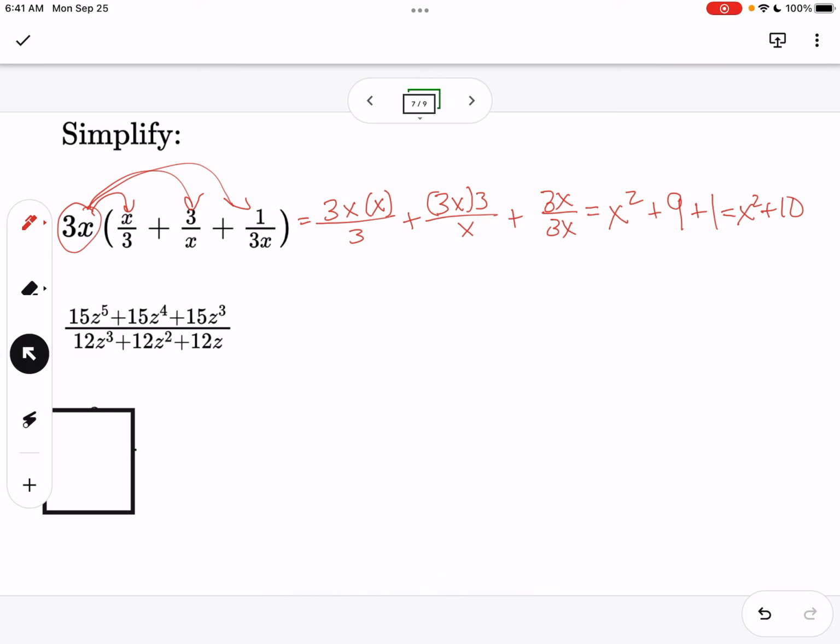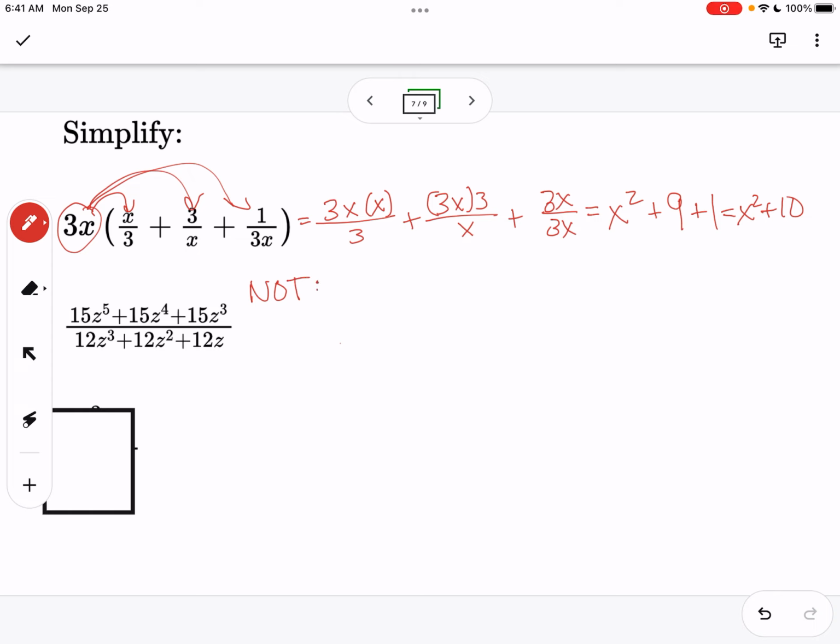Now we have a fraction with a sum divided by a sum. So this is not equal. Oops. I cannot break this up into 15z to the 5th over 12z cubed plus 15z to the 4th over 12z squared plus 15z cubed over 12z.